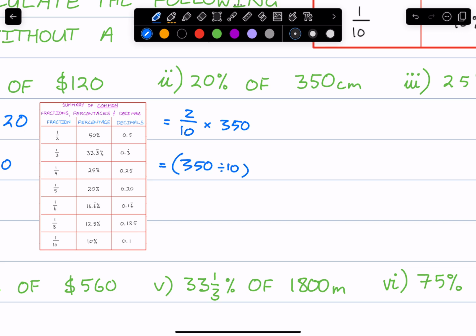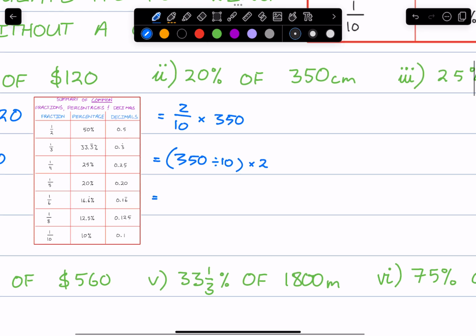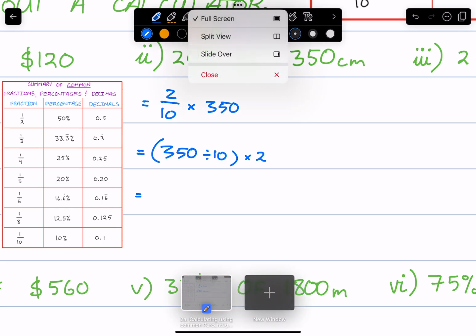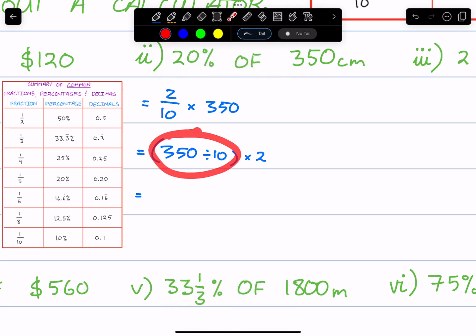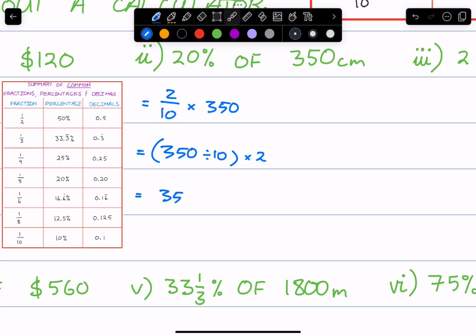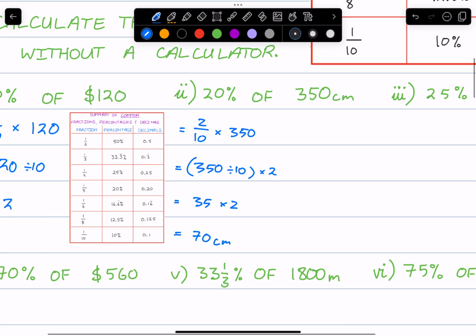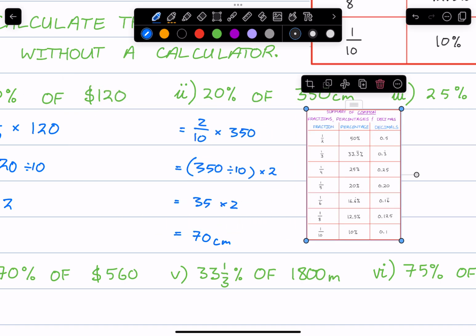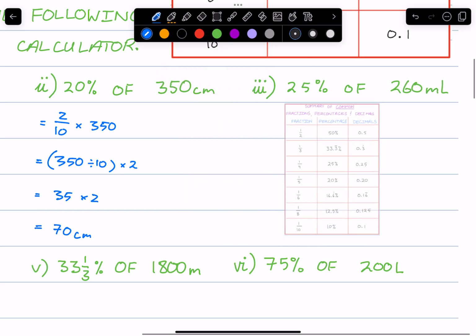That gives us 1/10, which gives me 35. Remember, I'm just moving that decimal spot. And then I'm going to double it, times 2, which gives me 2/10, which is 70 centimeters. Now this is one method, imagining this as tenths, because it's 20%.